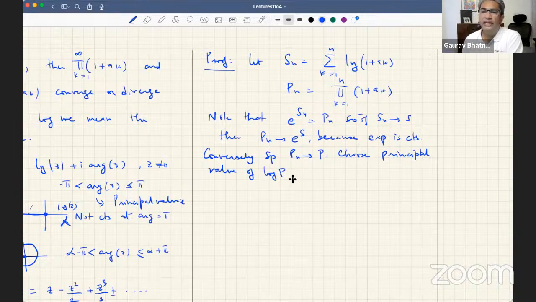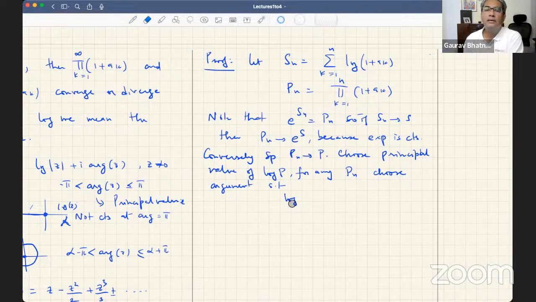And for any P_n, you choose the argument such that the argument of P_n is between argument of P minus pi and argument of P plus pi.